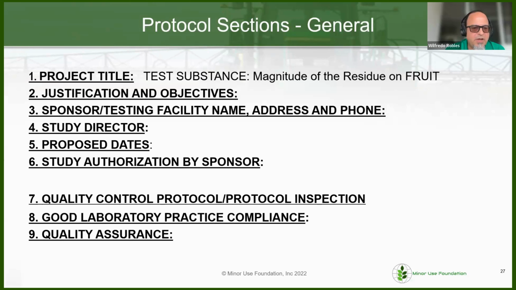So if you have any questions related to the protocol, always ask the study director before making a decision in the field. Then sections 7 through 9 are more related to quality compliance, quality assurance and GLP. So it's basically a general description of how it's going to be conducted. Next.